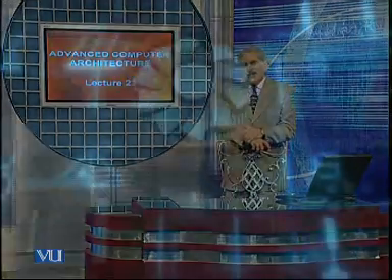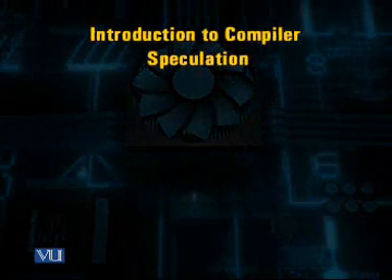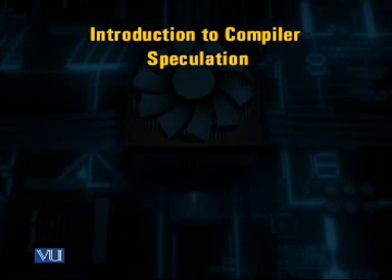With this much discussion about the conditional instructions, let us have an introduction to compiler speculation. In our earlier discussion, we have noticed that where the program has branches, these branches may be predicted at compilation time, either from the program structure or from the program profile.